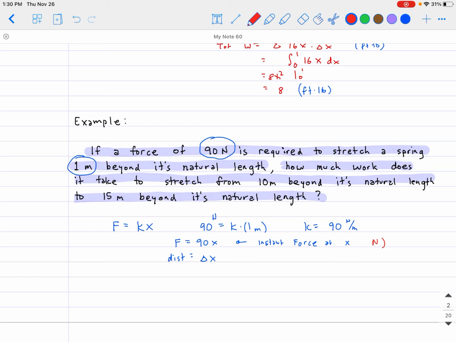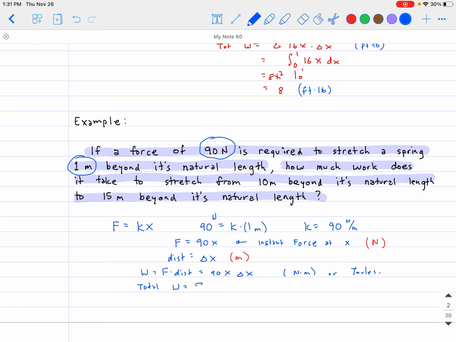Force is in terms of newtons, and distance is in terms of meters. If I take both of these to find the work at that instantaneous moment, that's force times distance, so 90x multiplied by delta x. That is newton-meters, or if you want, you can say joules. Either one would be acceptable.